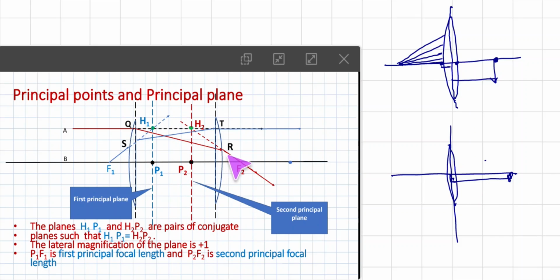So when you need to measure the focal length, see P1 F1: from the first principal point the length is measured up to F1, and this is the focal length F1. Similarly, the distance is measured from P2 to F2, which is the second principal focus. These are the two imaginary lines from where we actually measure the distances of F1 and F2, object distance or image distance. So this is the concept of using cardinal points in solving problems.